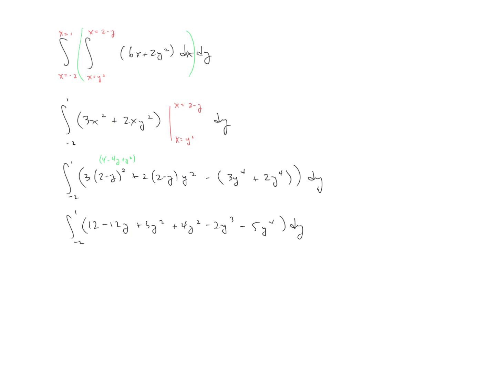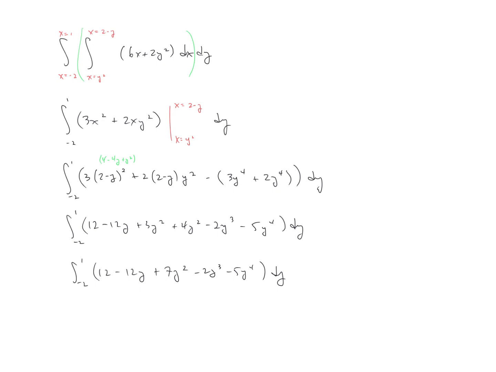And we can still clean this up a little bit more. We'll have our 12, we'll still have our minus 12y. Now we're going to have a plus 7y squared when I add these things together here. And then these two will remain unchanged. I'll just copy those down. So minus 2y cubed minus 5y to the 4th dy.